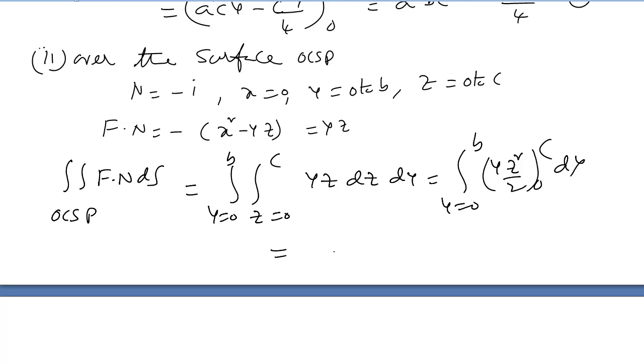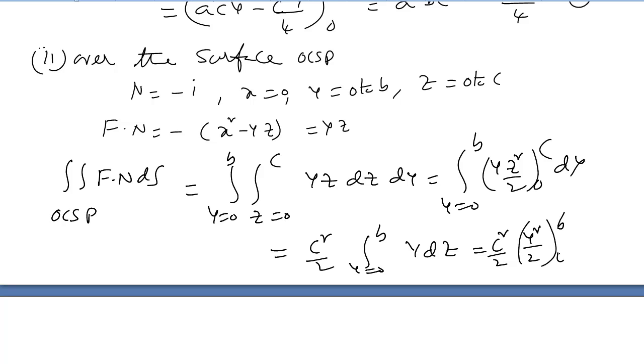So c square by 2 into the integral of y dy, c square by 2 into y square by 2, 0 to b.